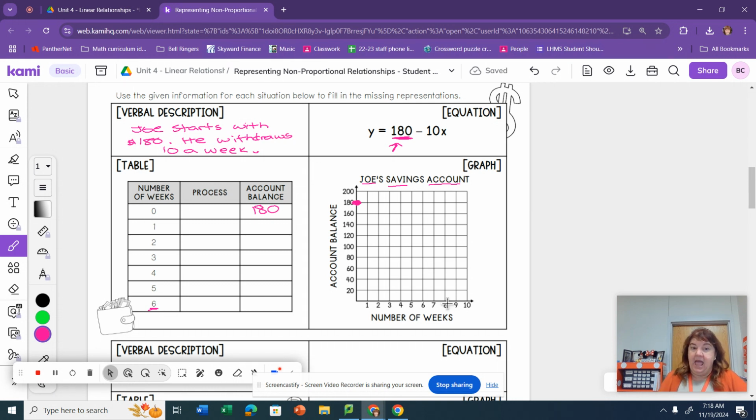Okay? After 1 week, what's his account balance going to be? Do you know? Okay, I'm hoping you put 170. And then you can kind of see the pattern here.